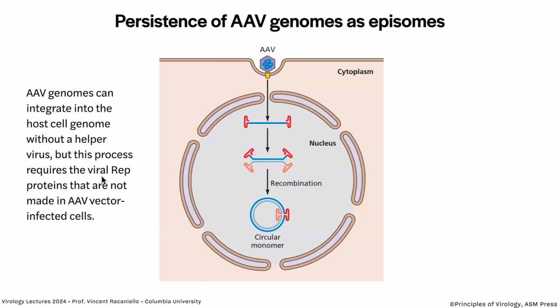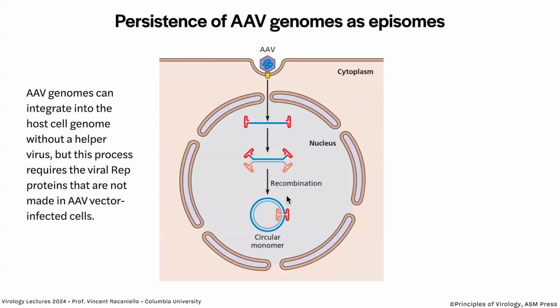We have deleted the rep genes, which was on the previous slide. So this vector comes into the cell. It's got the ITRs and the transgene. What it does, and there are multiple copies of that, they recombine to form circles. And those circles persist for many, many years in cells.